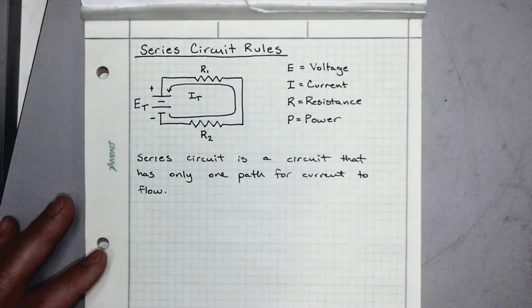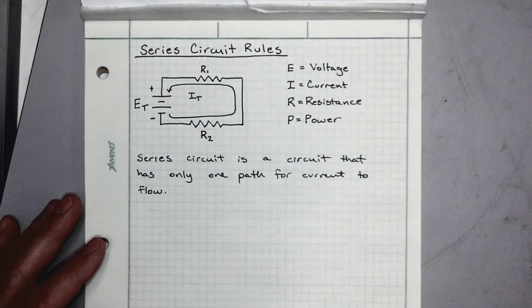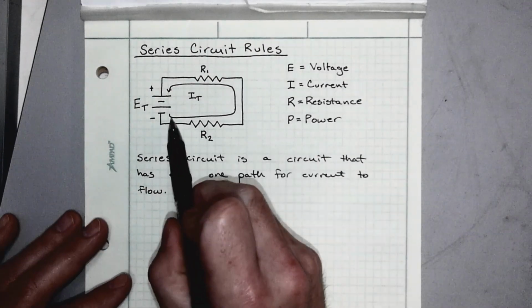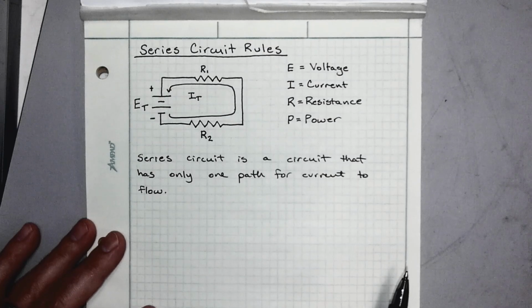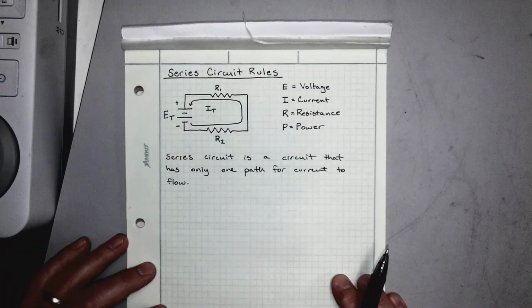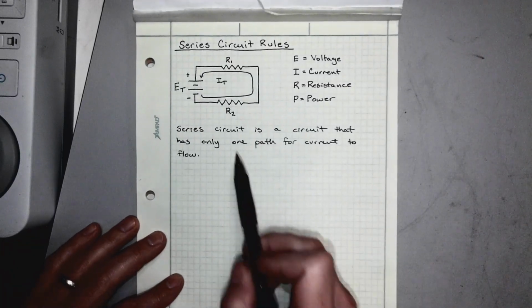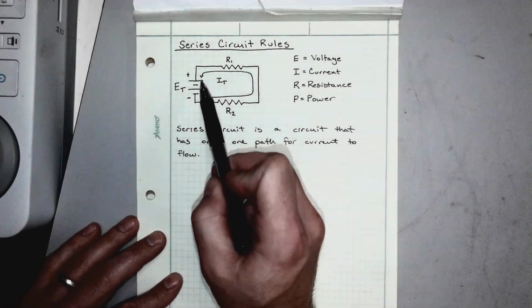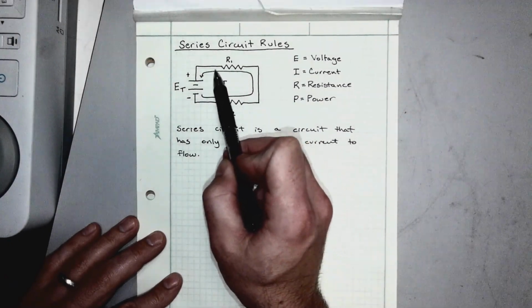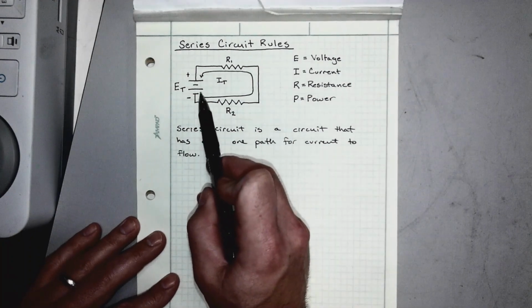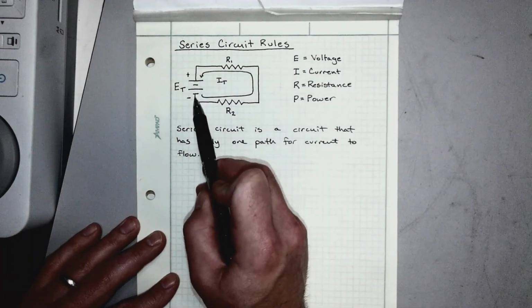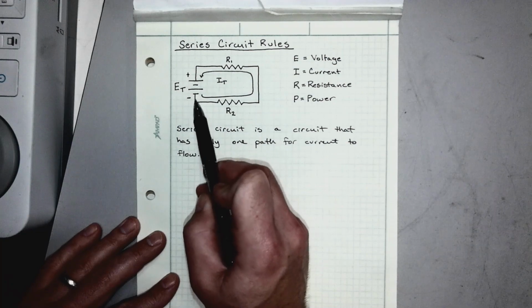All right, and if we look at these, we can start to intuitively understand some of the rules for series circuits. Let me zoom out just slightly here. If we look at I sub t, this is the current flowing all the way through the circuit. We interpret I sub t as all of the current that is coming out of the battery.